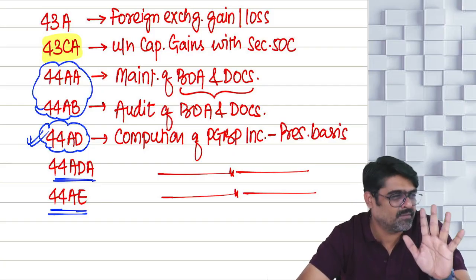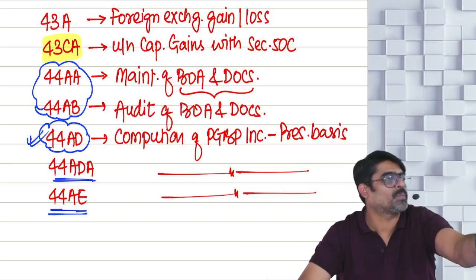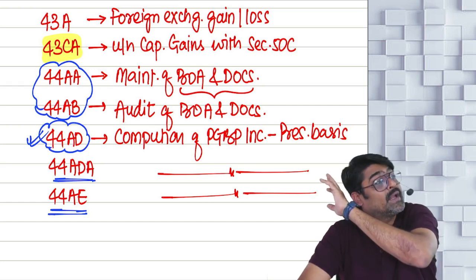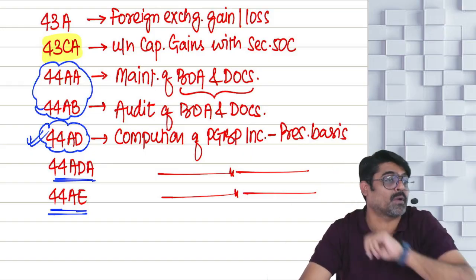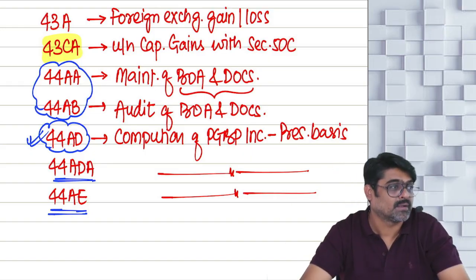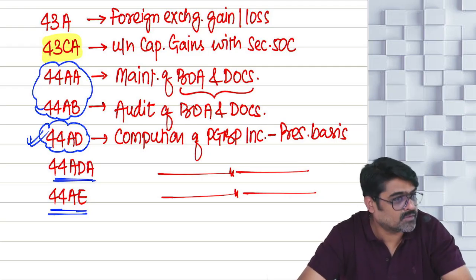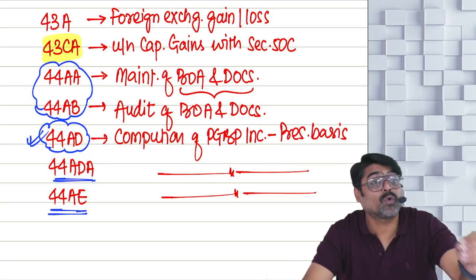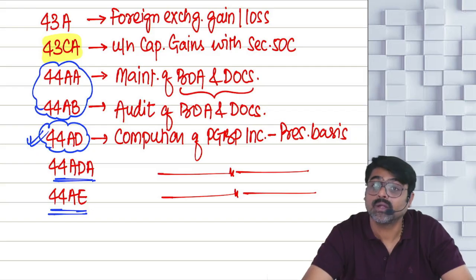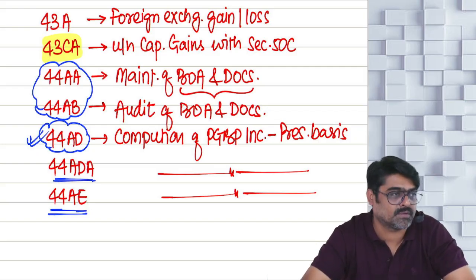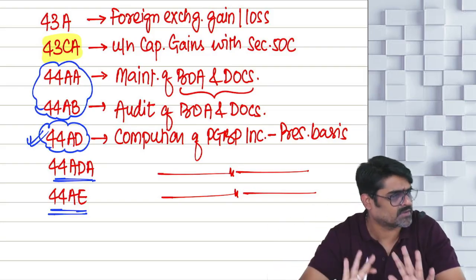And you won't believe, students, they keep these sections optional. They will read the entire PGBP properly, but these sections they do not do properly. And trust me, if a question comes from these sections, it will give you sure marks, 4 to 6 marks minimum. A direct question will come, and it will be a very, very easy question. But for that you will have to understand these sections properly. They are very easy sections, and you will understand them.